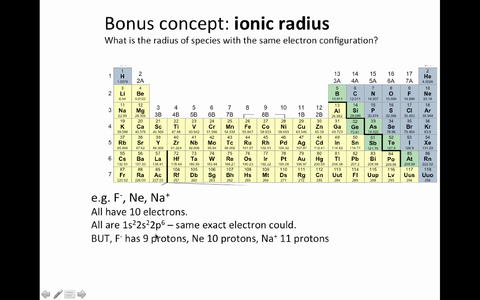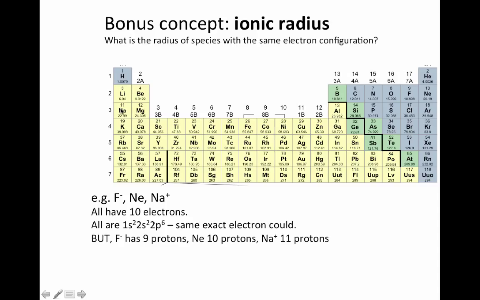The electron configuration is going to be all the same if we build them up, starting with the lowest orbital: 1s2, 2s2, 2p6. They all have the exact same electron cloud as neon, 1s2, 2s2, 2p6. But the only difference is fluorine only has 9 protons, neon has 10, sodium has 11.